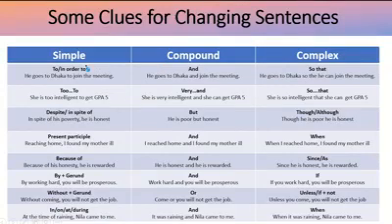Here we find that in the case of a simple sentence, we use "to" or "in order to," in a compound sentence we use "and," and in the case of a complex sentence we use "so that."